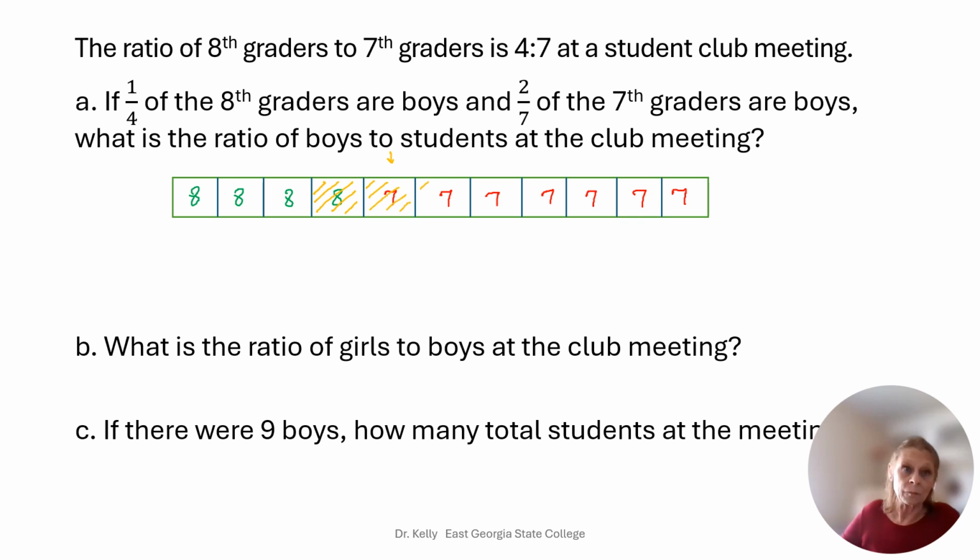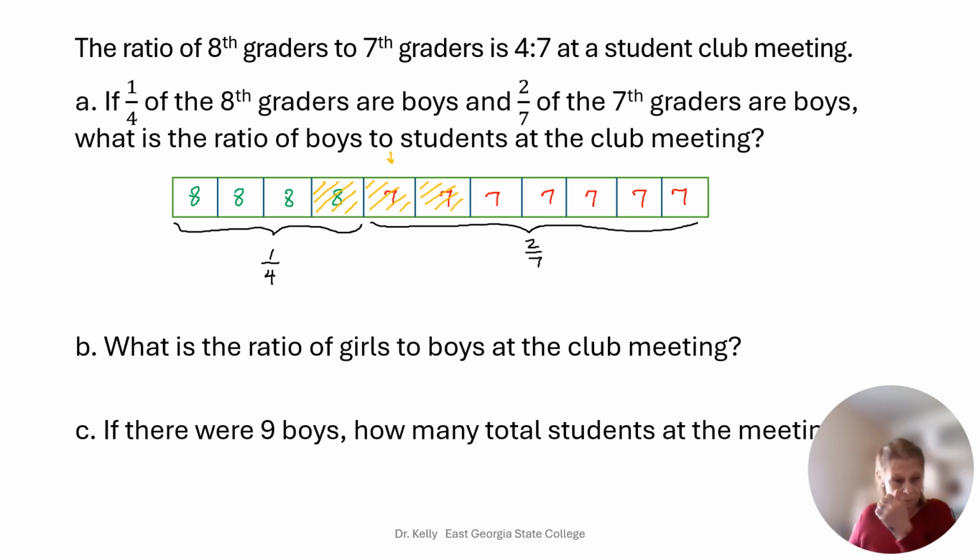It makes it pretty nice visual here. Now, let me make sure that you see what I have here. So from here to here, that's modeling 1/4, right? And from here to here, this is modeling 2/7. Okay?